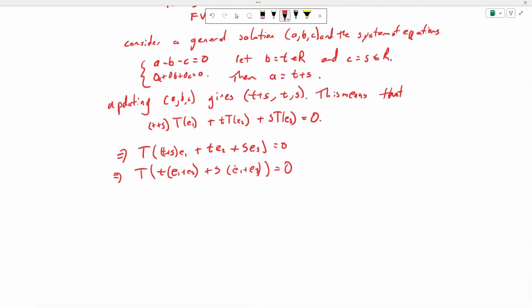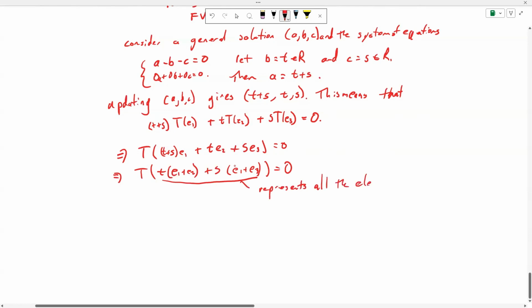Well, this here represents all the elements of the kernel of T, because those are the combinations that will give us 0.